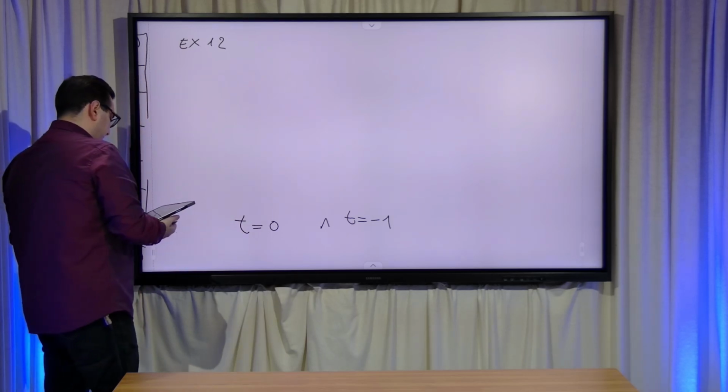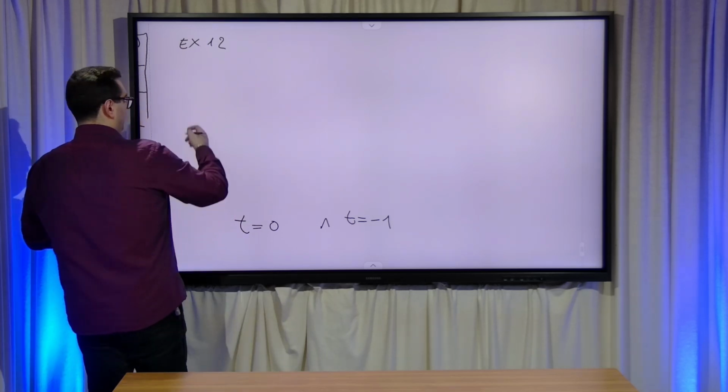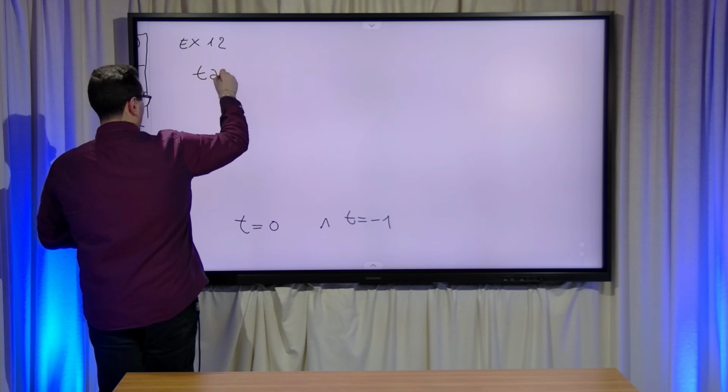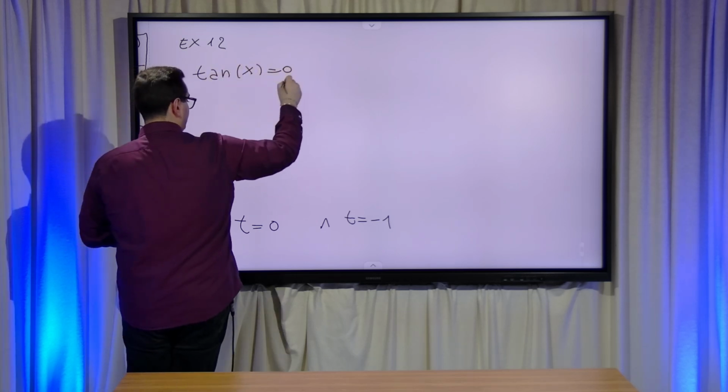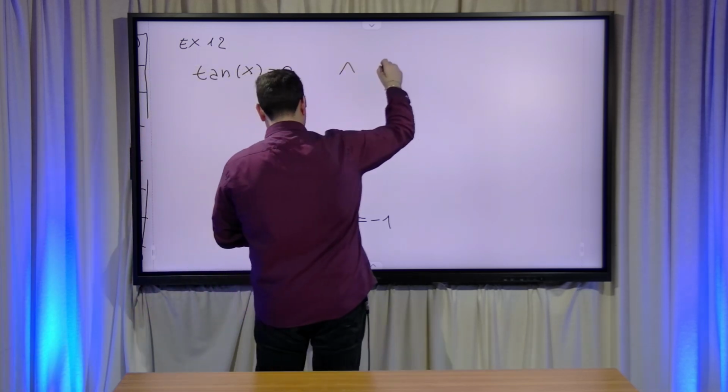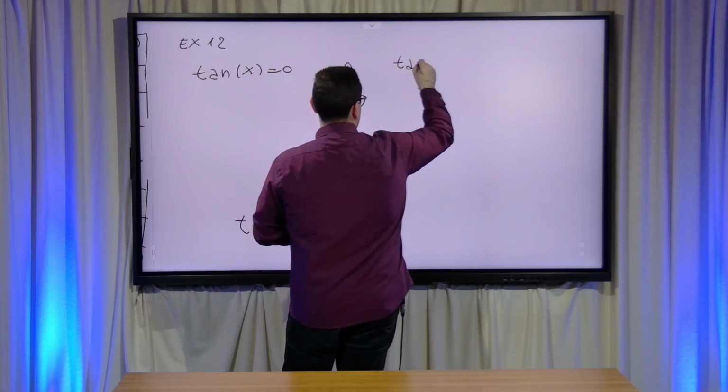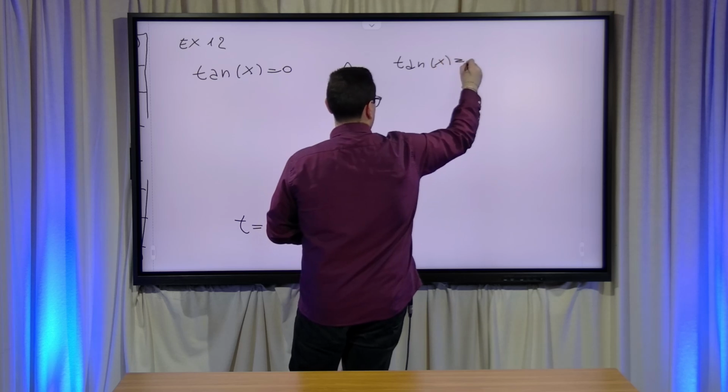Okay. From this one, I can write that tangent of x is equal to 0, and this one is tangent of x equals minus 1.